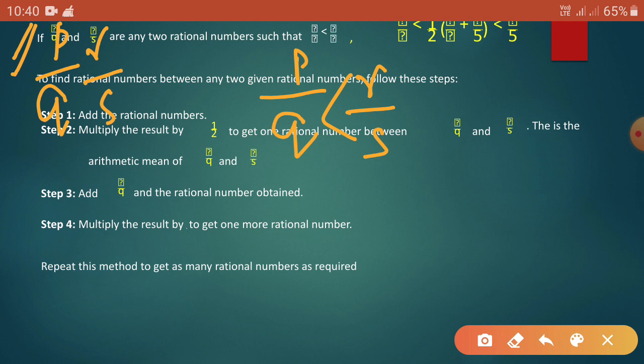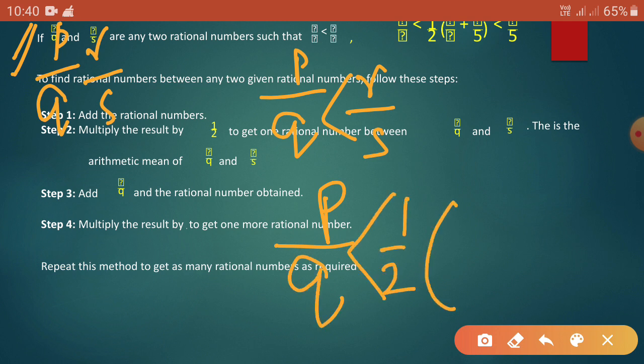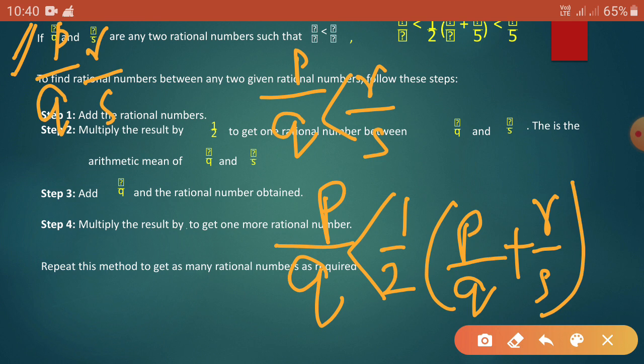Then the formula is: p by q is less than 1 by 2 times p by q plus r by s, which is less than r by s. So this is the formula.